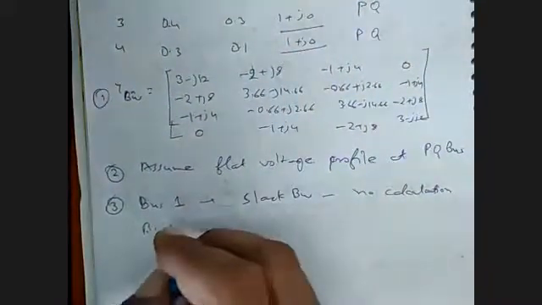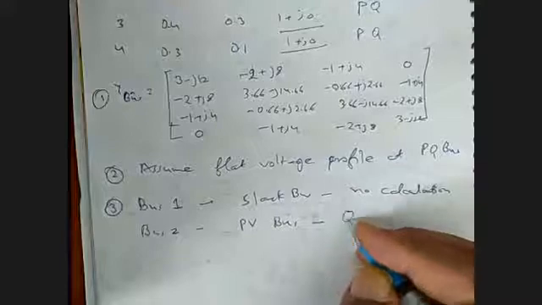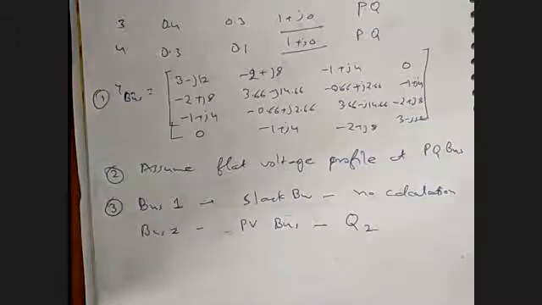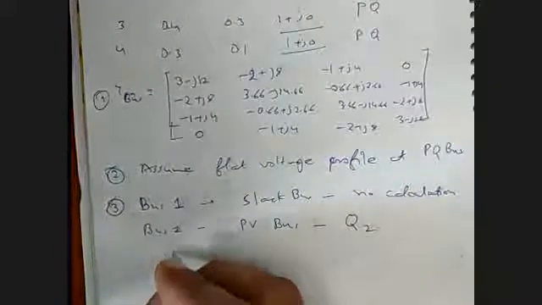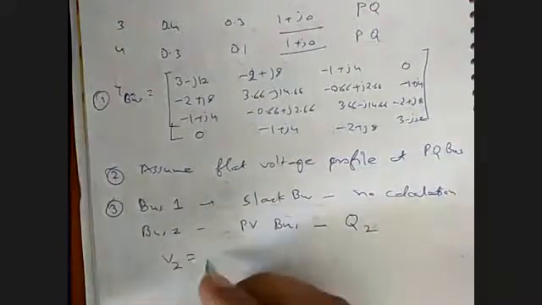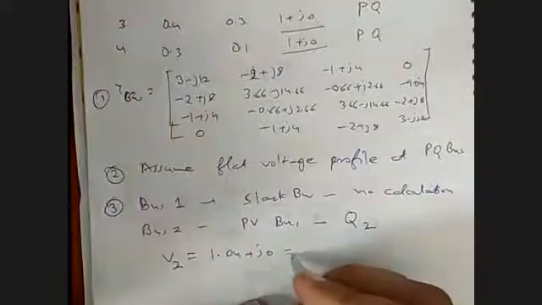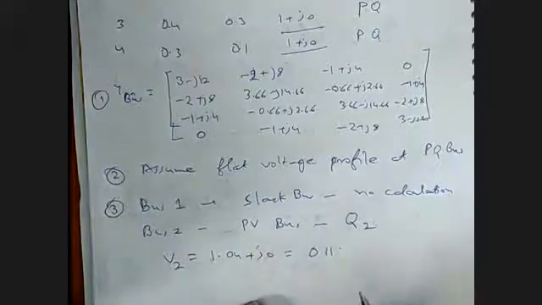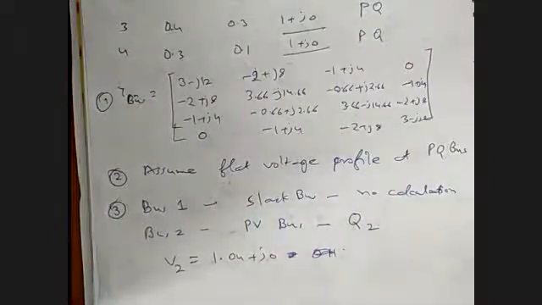Bus number 2, it is a PV bus, that means I have to calculate Q2. So for calculating Q2, I have to first find out what is V2. So it is already given that V2 is 1.04 plus J0. So we will calculate Q2.